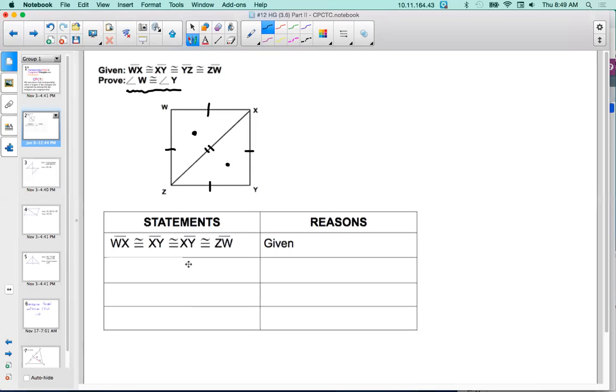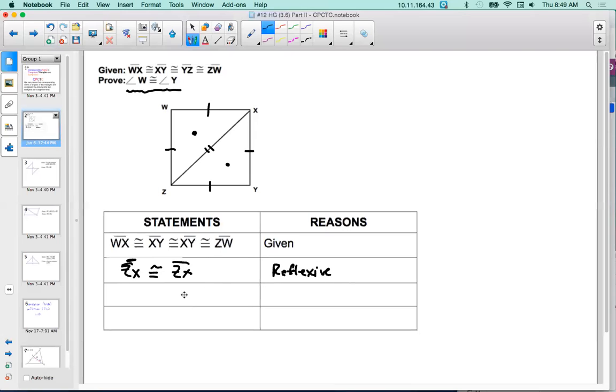All right, so we're going to start off with our given information. We got that given information. We know all the sides are congruent to each other. Basically, they're all the same length. I also know that ZX is congruent to ZX, and that's the reflexive property.